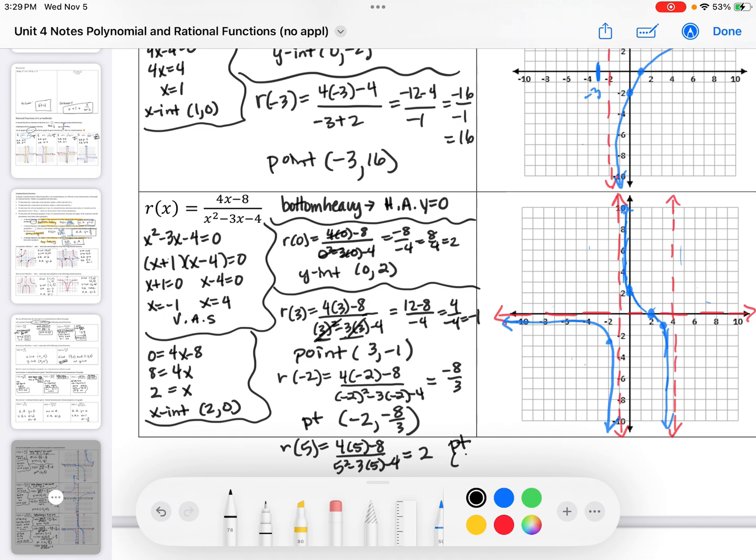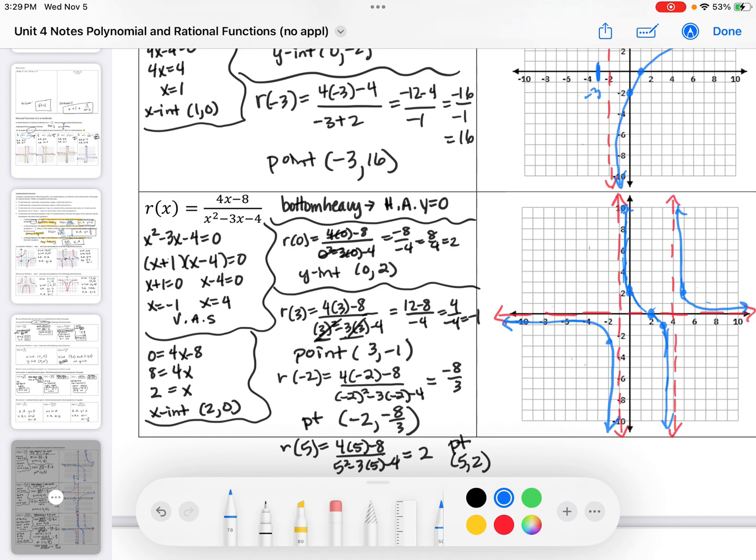So we have the coordinate point 5, 2 that we can plot on our graph. And now we know our third branch lives right here. And you just hug those asymptotes and make sure you grab that coordinate point on that curve. Okay, so that's what it looks like when you've got 3 branches.